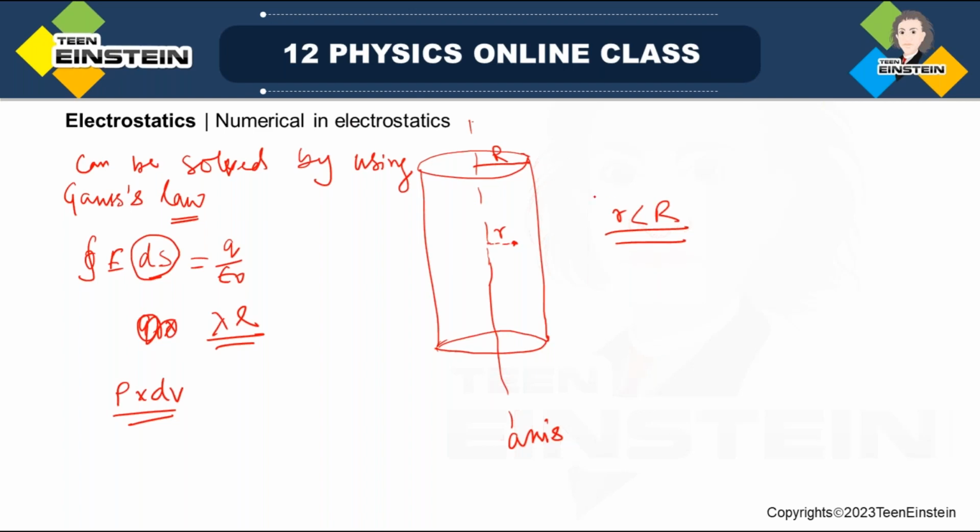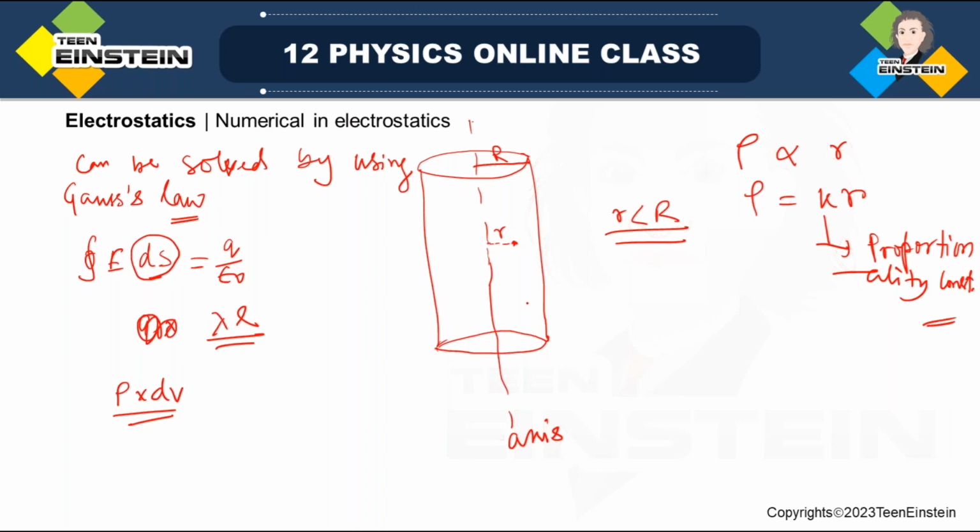Okay, so actually rho is directly proportional to small r. This is what is given, or we can write this as K into r, where K is a constant of proportionality.